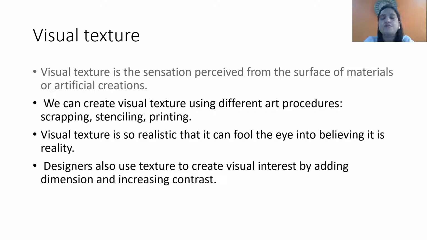For example, if you want to give an emotional feeling of warmth, coolness, coziness, suppose you need to design a category especially for kids or infants. What type of texture are you going to choose?